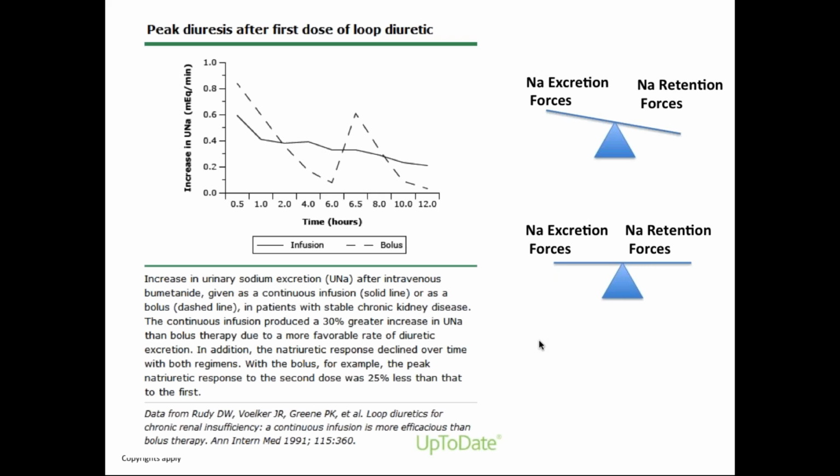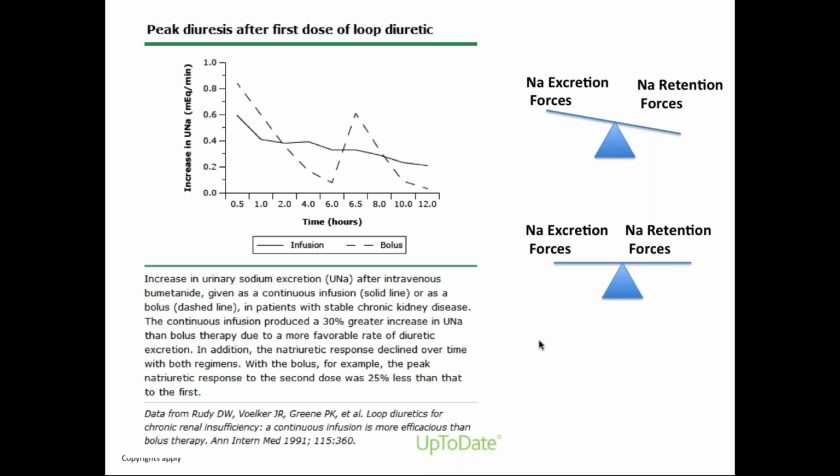So there is a little difference when we are treating patients who have heart failure versus this study in which this was in stable chronic kidney disease patients. So when someone has heart failure or nephrotic syndrome or cirrhosis, the difference is that there is an edema compartment that can equilibrate to the intravascular compartment, and that edema may be a source of continuous replenishment going on for many days.